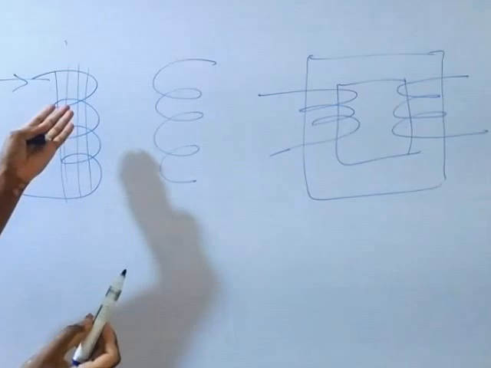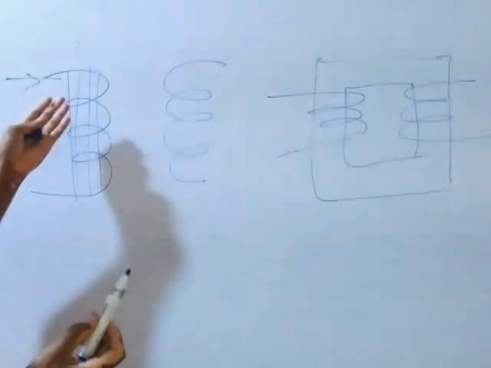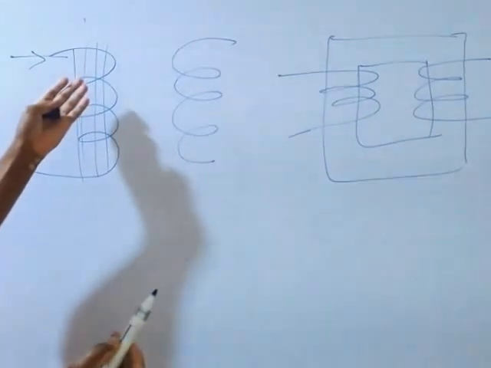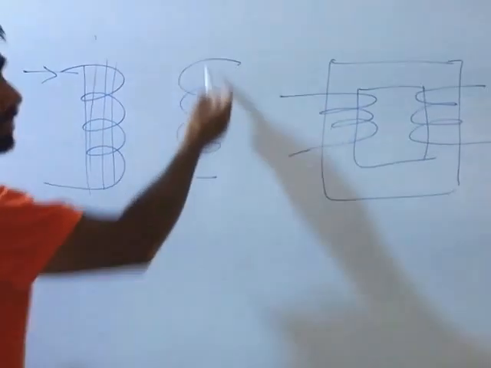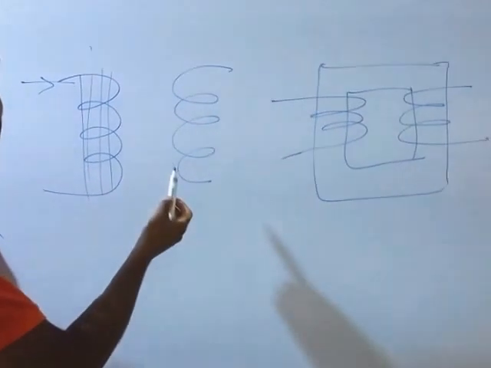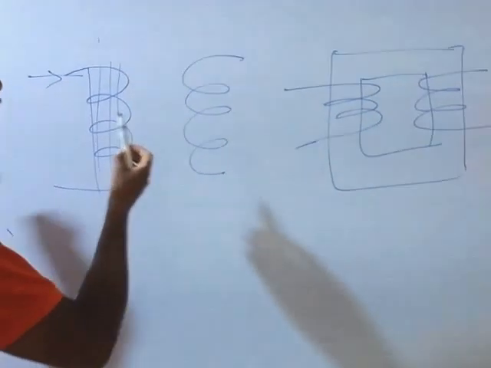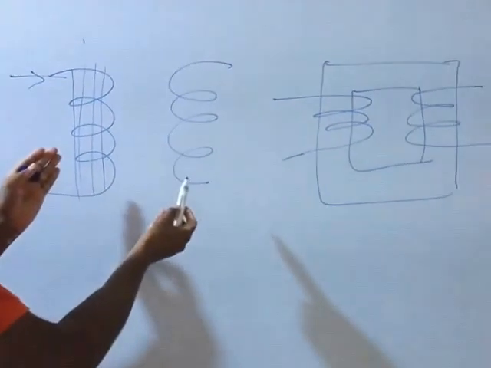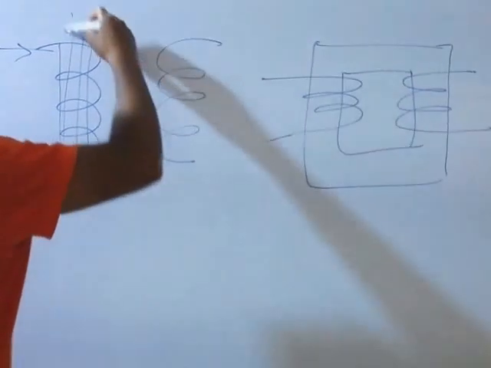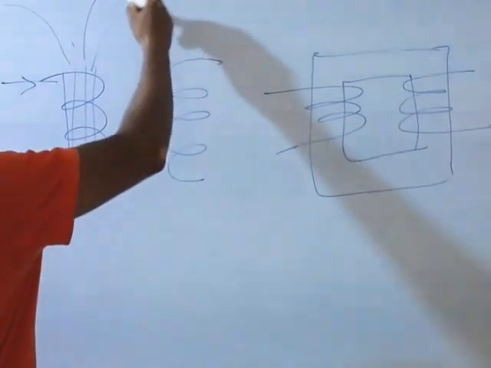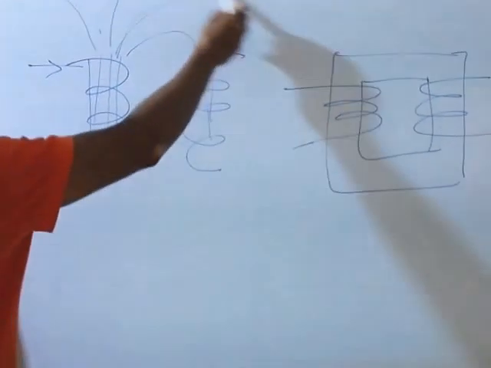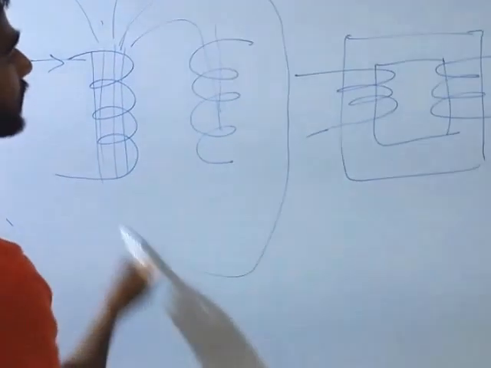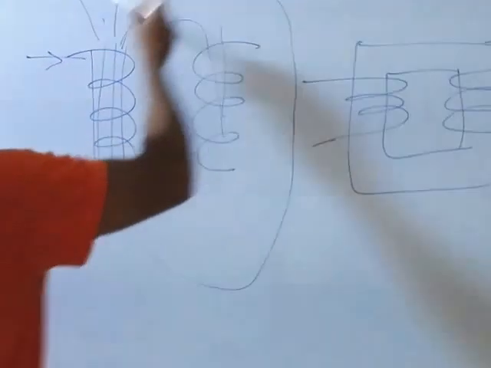almost negligible as compared to the interior part. And moreover, whatever flux is generated, we are not sure that all the flux will pass through the secondary winding. That is most important, that all the flux should pass through the secondary winding, but the flux has dispersed so much that only a few flux lines will pass through this, and the rest can take this path, that path, or that path.